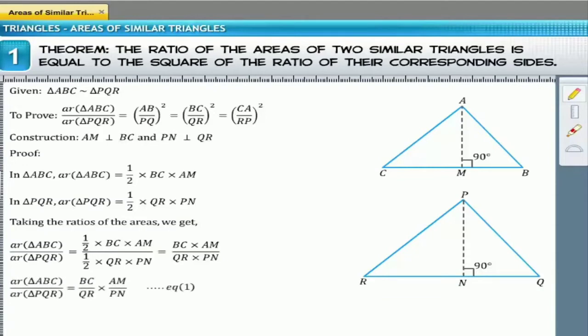On further simplification, the equation obtained is as shown here. Let's assign this as equation 1. This implies the ratio of the areas of triangle ABC and PQR is equal to the product of BC divided by QR and AM divided by PN.